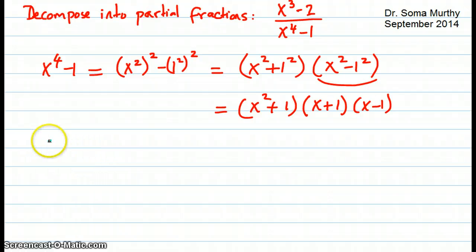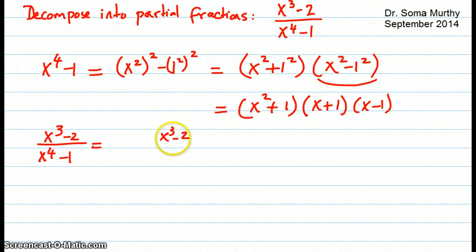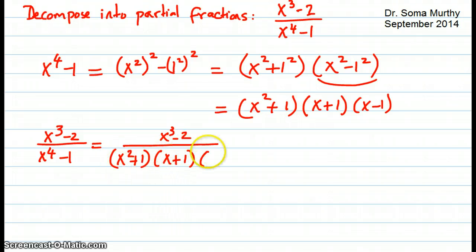Okay, so basically we have x cubed minus 2 divided by x to the 4 minus 1. It can be written as x cubed minus 2 divided by x squared plus 1 times x plus 1 times x minus 1.